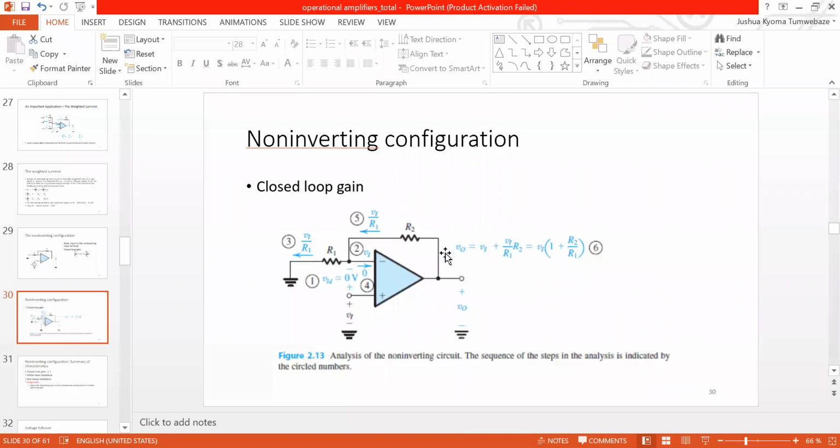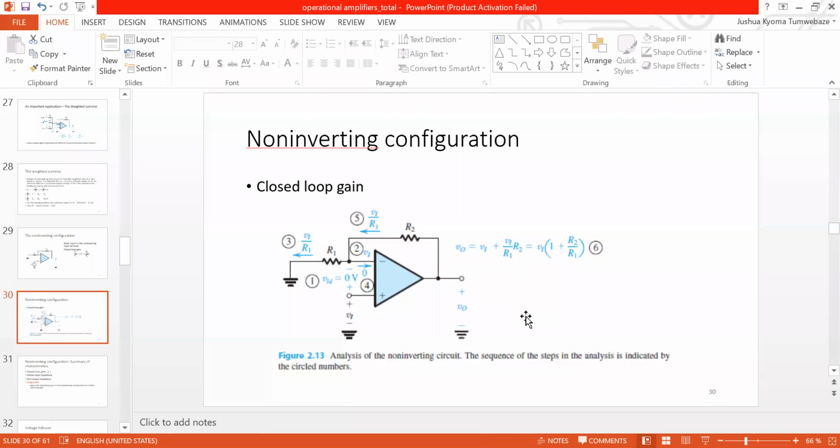That will give us this expression: V naught is equal to VI plus VI over R1 times R2. When you write it out, you get V naught equal to VI times 1 plus R2 over R1. Our closed loop gain is simply V naught over VI.